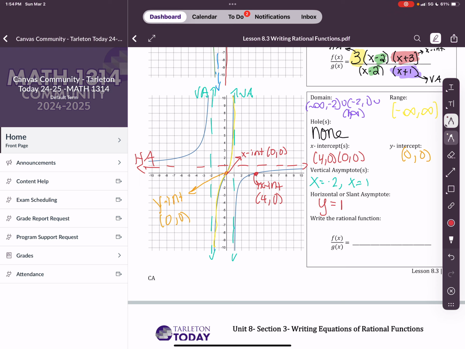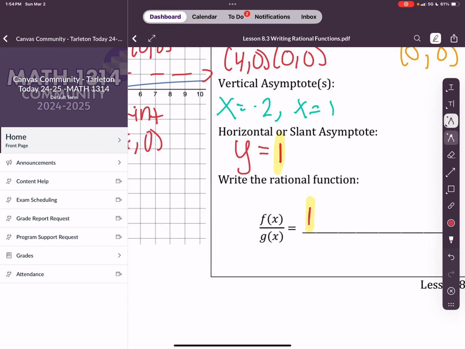Okay, so think back to what we talked about a while ago when we were writing our equation. The horizontal asymptote goes in the front right here. Now I'm going to write a 1, but you're not going to put a 1. I want you to visually see that my horizontal asymptote goes right there. Then in our top, we have our x-intercepts. Remember, we have two x-intercepts.